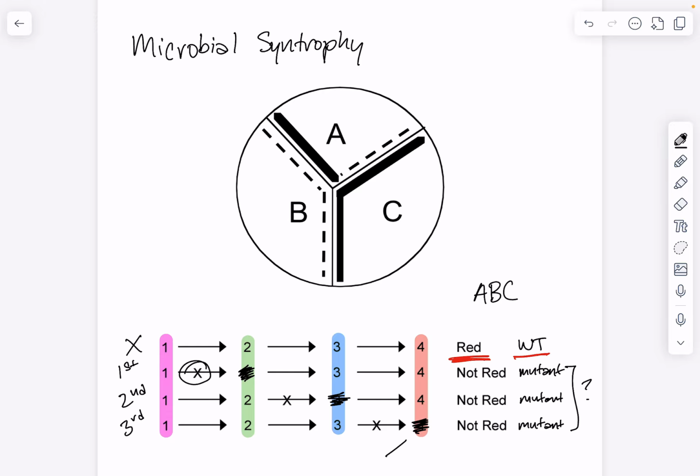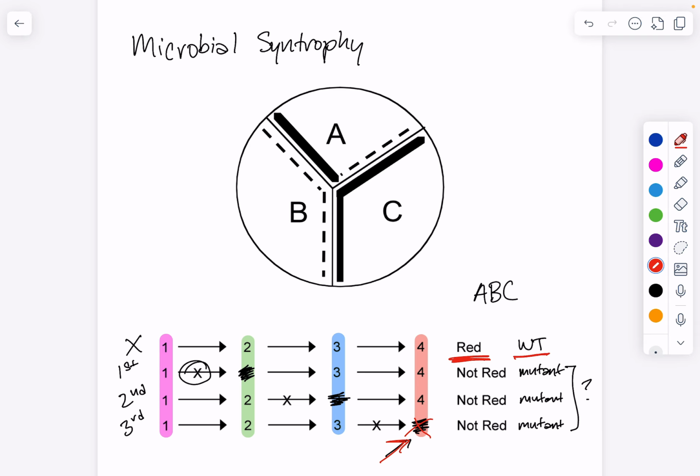That means that the third strain is never going to be able to make the red color, because that red pigment is actually the fourth metabolite. So this implies that B is the one that cannot make the red.